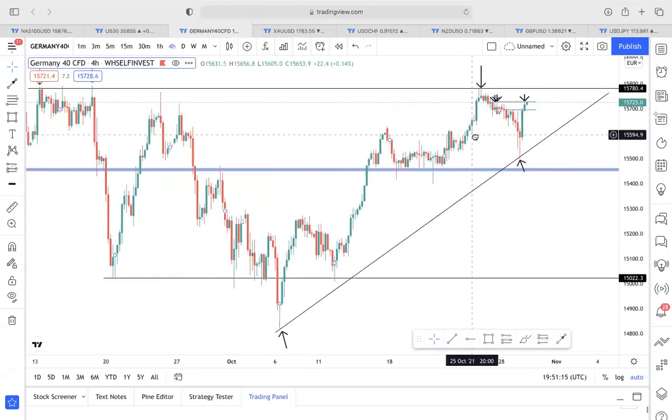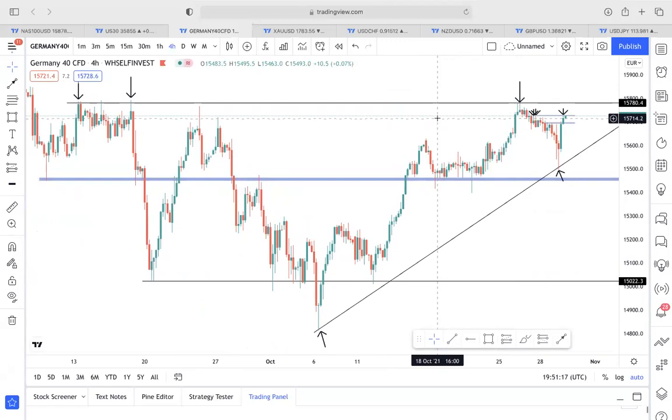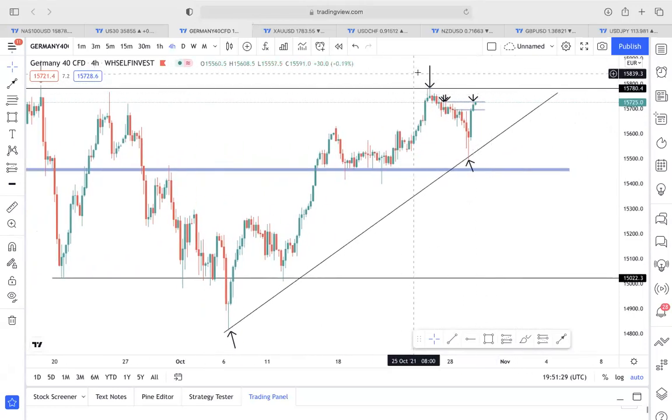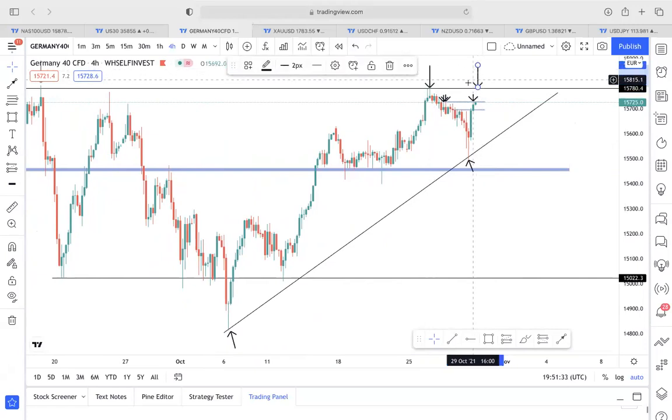But if you zoom out and look left, you can see that German 40 is approaching a level of major resistance, resisted here, resisted here, and we can anticipate another drop over here, right?